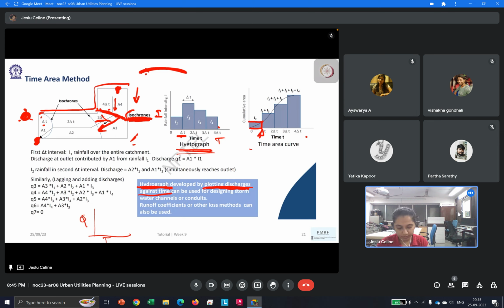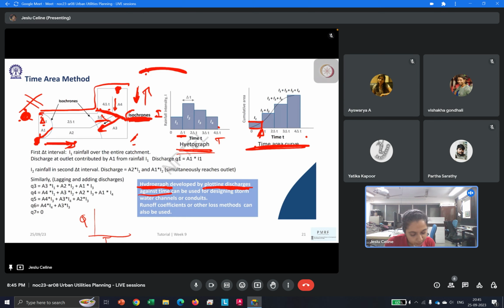Sorry, I'm doing it the other way. You need to take it from this side. Let me just explain it once more. So you have time t. This arrow is shown this way because in that time t, from different regions water is flowing, right? Let me not confuse you with this, but let's just take the time area curve.